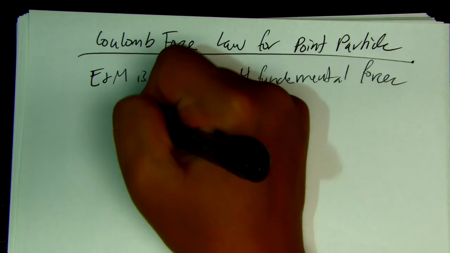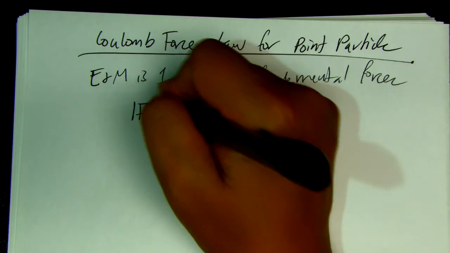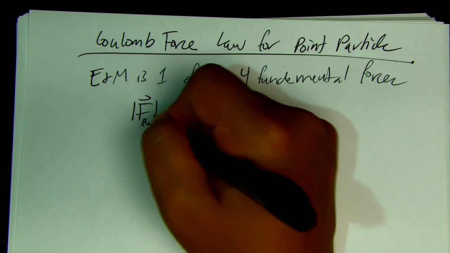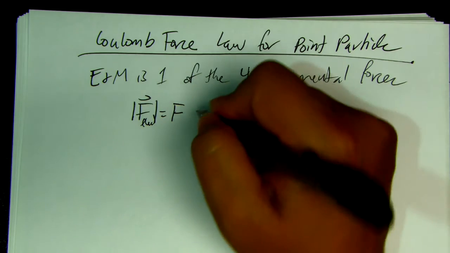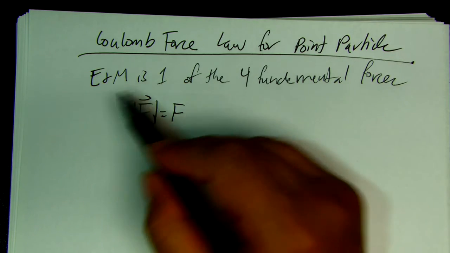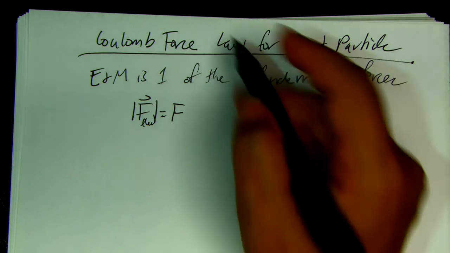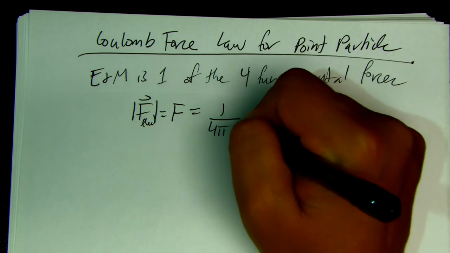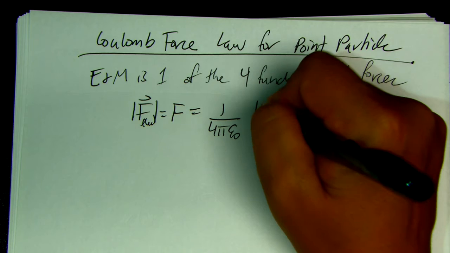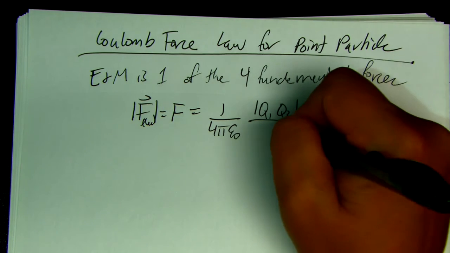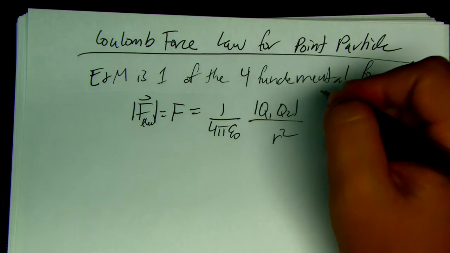And Coulomb's law describes the electric force. So the magnitude of the electric force, please note that I am writing F without a vector since this is a scalar, and in this case it's the scalar magnitude. So this is equal to 1 over 4 pi epsilon naught Q1 Q2 over R squared.